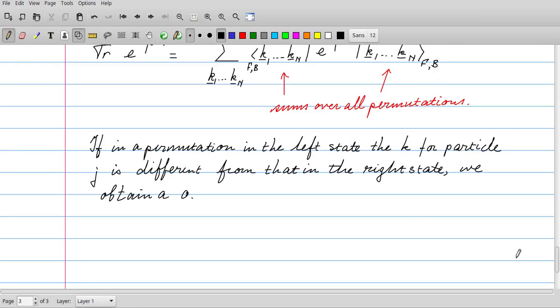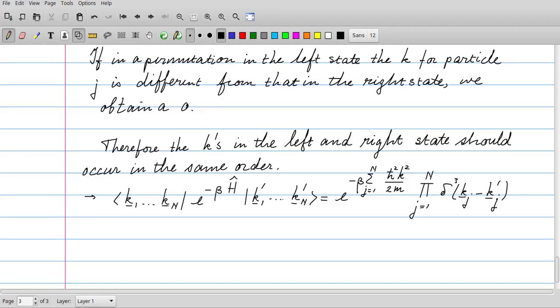Here I have repeated that remark. The k's in the left and right state should occur in the same order. So mathematically you can express that as follows. If I have a certain series of k's here and k primes on the right hand side, there's a delta function for each j. The kj prime should be equal to the kj, and then the Hamiltonian just gives you the eigenvalues, where I should add the j label with the k.